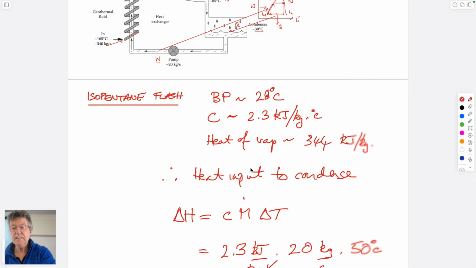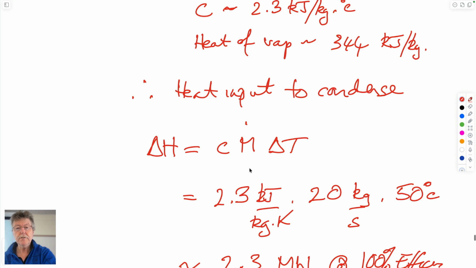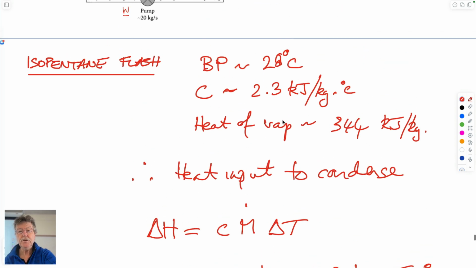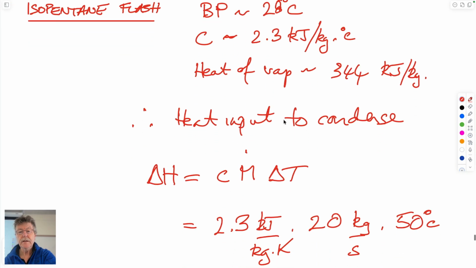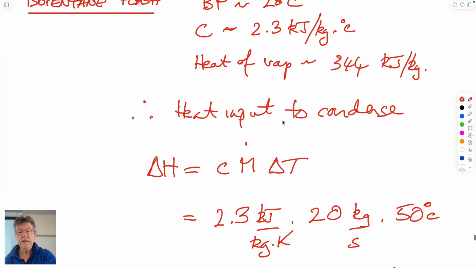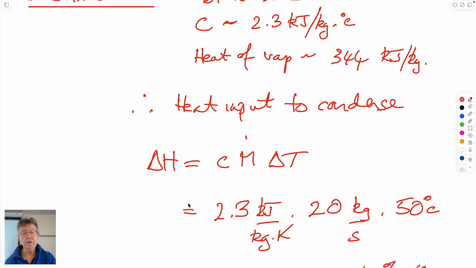And so this calculation, I don't think it's really important, but if you work out how much energy you can get out of this system, then you can calculate the amount of energy you have to supply to cool it.